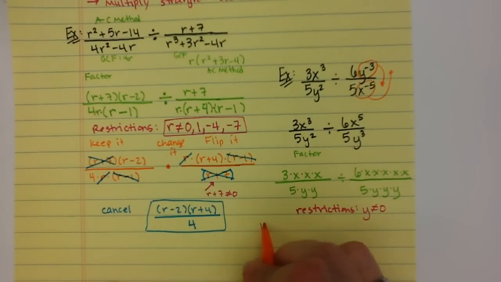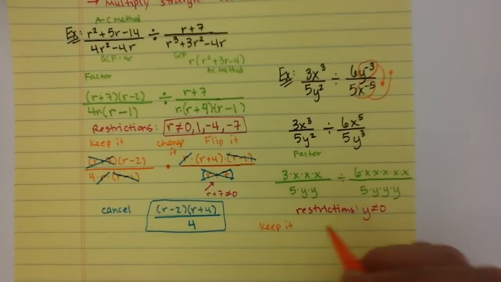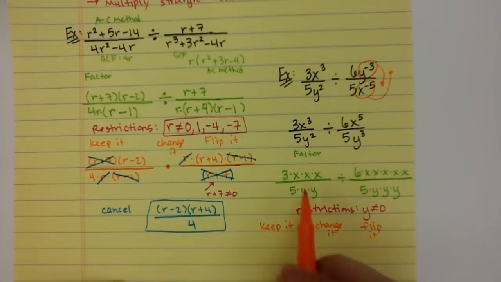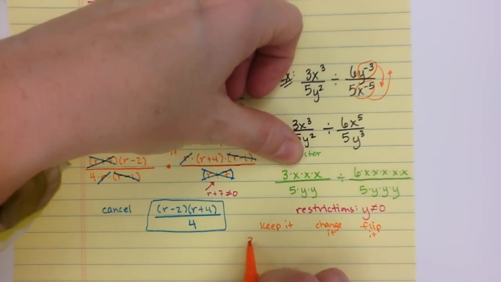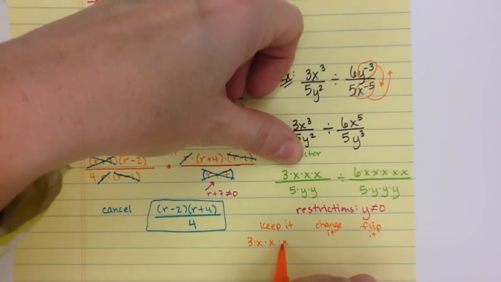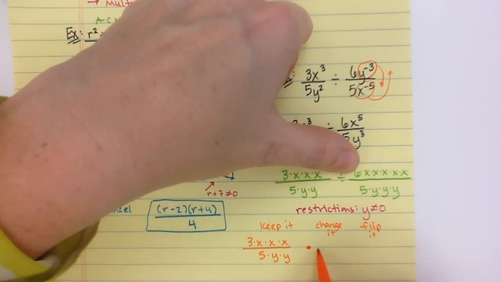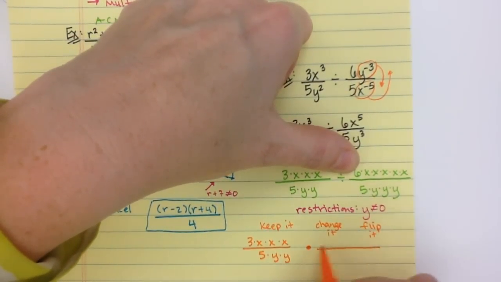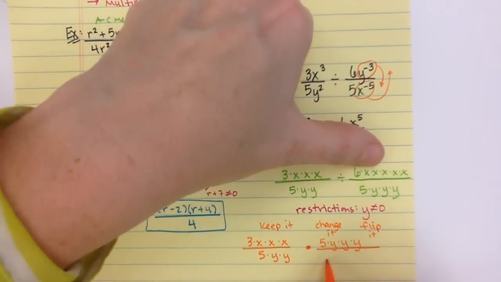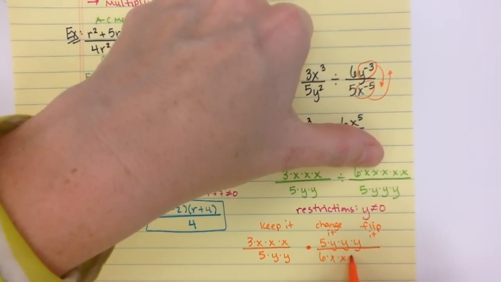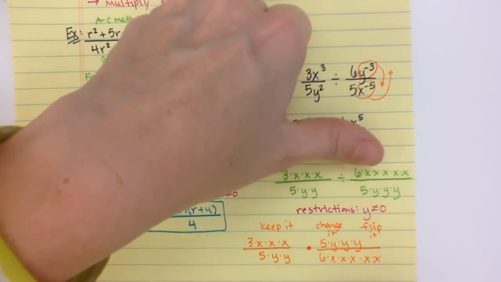And then we're going to go ahead and keep it, change it, flip it. So that means I'm keeping my first fraction, so 3xxx over 5yy. Changing division to multiplication, and then flipping my second fraction. So now I have 5yyy over 6, and then I got 5 x's there.